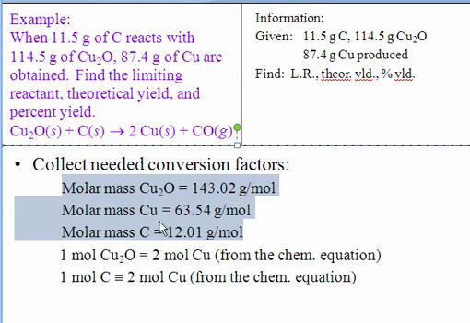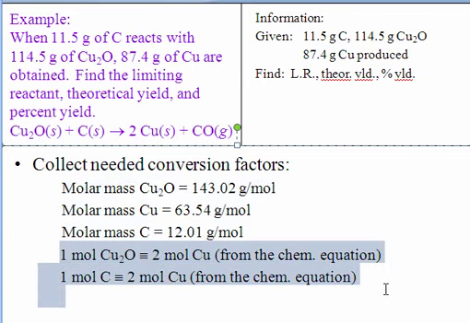The molar mass of copper is 63.54 grams per mole, and the molar mass of carbon is 12.01 grams per mole. Then I'm going to use this to figure out my limiting reagent, the relationship between my two reactants and my product. Now I'm given information about carbon and copper(I) oxide.